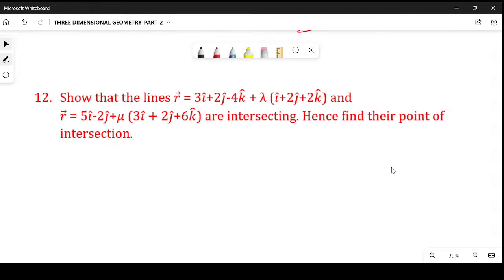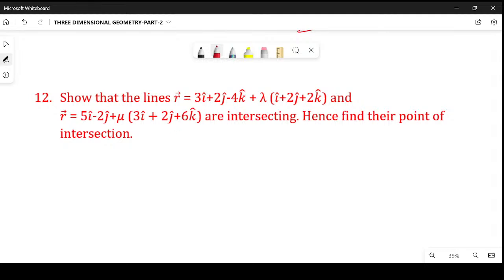When they are intersecting, they must have a common point, so we can compare. One method is to convert the first line into Cartesian form and the second line into Cartesian form, then take a general point.